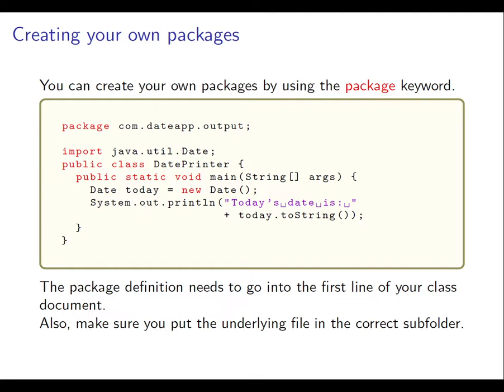So if, for example, your class DatePrinter is declared to be in the package com.dateapp.output, then you're going to want it to appear in a directory com/dateapp/output, and then within that directory in the file DatePrinter.java. And normally your IDE, if you're using one, will enforce that anyway.